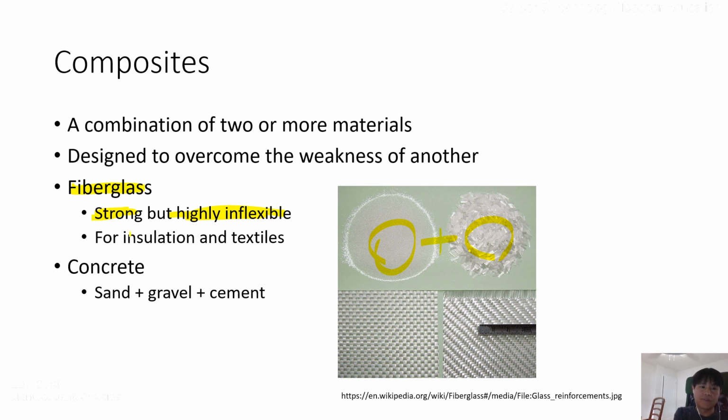We use fiberglass for insulation and textiles, and concrete is also an example of a composite, because concrete combines cement with sand and gravel. That helps make the cement sturdier. That's concrete.